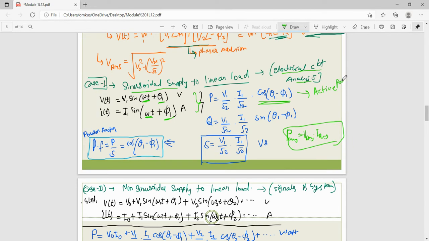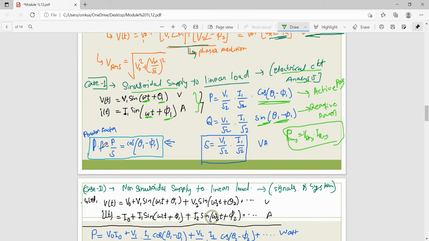Active power when you solve, and this is reactive power. In reactive power you need to take sine of theta 1 minus phi 1. This theta 1 is the phase angle of the voltage, and phi 1 is that of the current, so this is the difference between voltage and current.